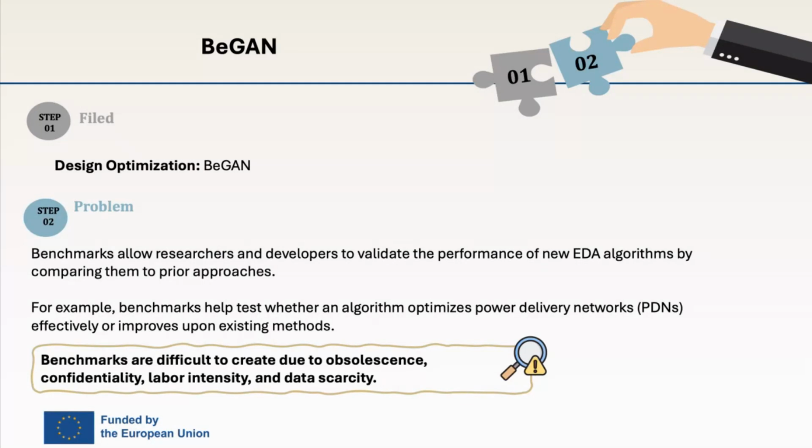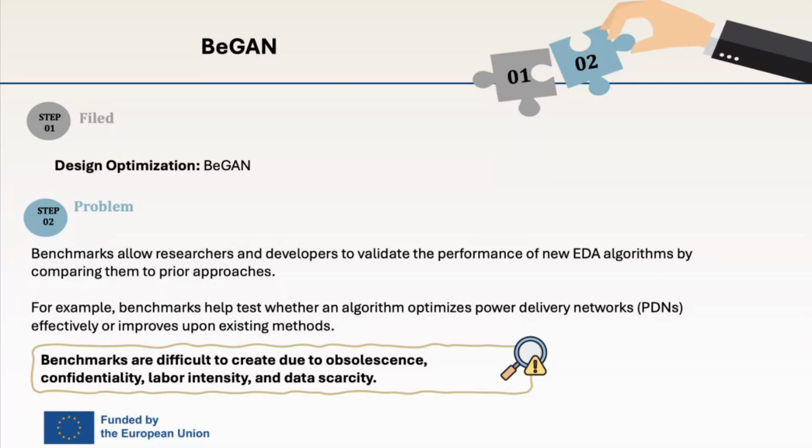For example, for a benchmark that can be used to test a new method to optimize the power delivery network, we need a benchmark to evaluate the new method.